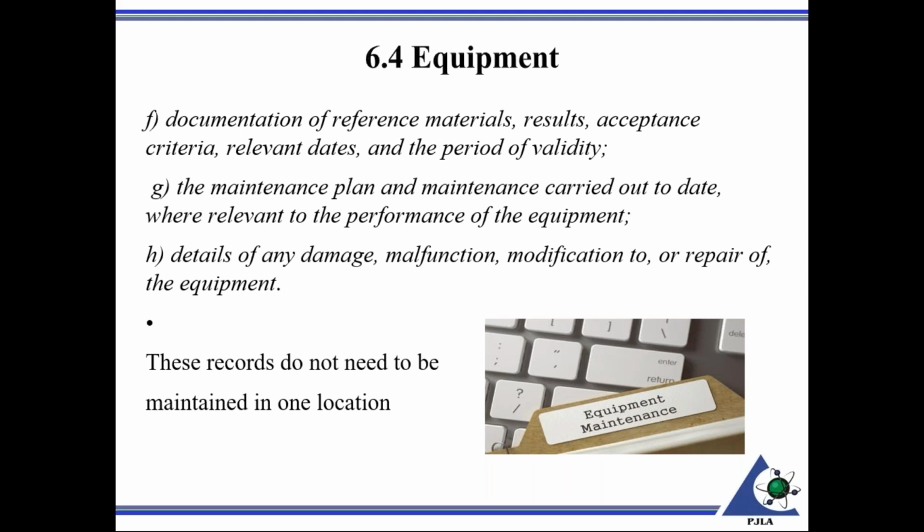Any maintenance plan or maintenance carried out to date where relevant to the performance of equipment, and details of any damage, malfunctions, modifications, or repair of the equipment. So these records need to be maintained and should be produced as requested. They don't have to all be maintained in one location, just as long as all those that are applicable are maintained.